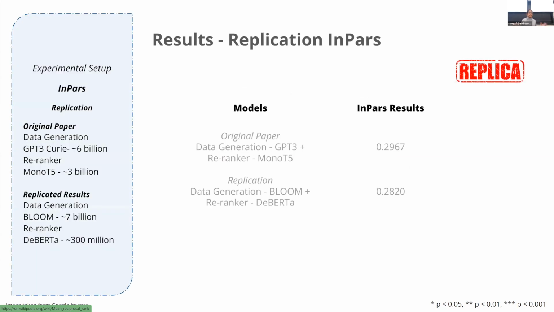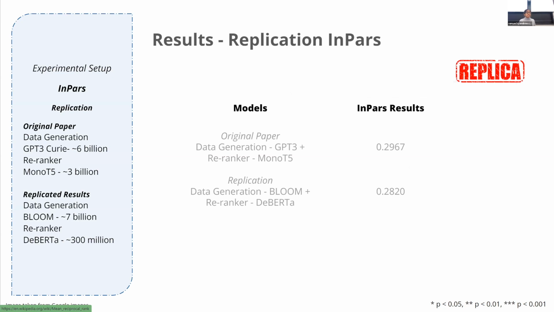The next model-based technique that we were using was InParse. Now, InParse is a technique used to generate synthetic data. So we wanted to see how well we were able to replicate the paper before we applied it to our experimental situation. The original paper used GPT-3 for data generation and Mono T5 for re-ranking.